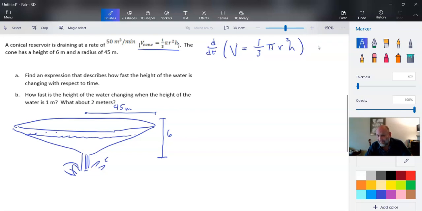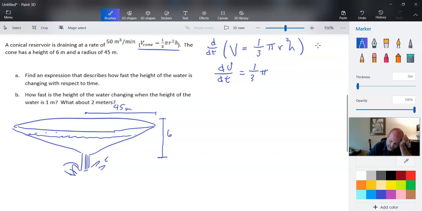I do want to make a comment about my notation. This is not the proper notation. You really should have each side in parentheses and a d/dt on both sides. I'm just shortening the notation a little bit. So that gives me dV/dt is equal to, well, I can pull the 1/3 pi out and just do the derivative inside, because 1/3 pi is just a constant.